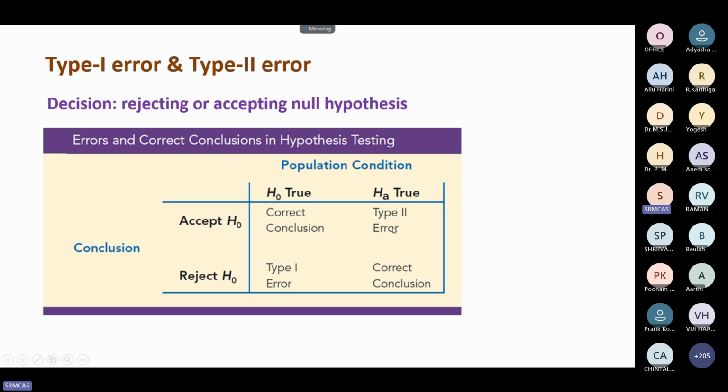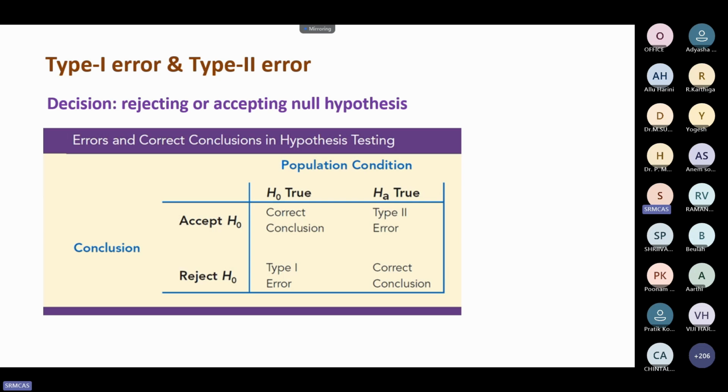When comparing type 1 and type 2 errors, the type 1 error is more important than the type 2 error, because of the following. Suppose the null hypothesis is true, that is, there is no improvement due to some intervention. Suppose we commit the error of rejecting this null hypothesis when it is true.